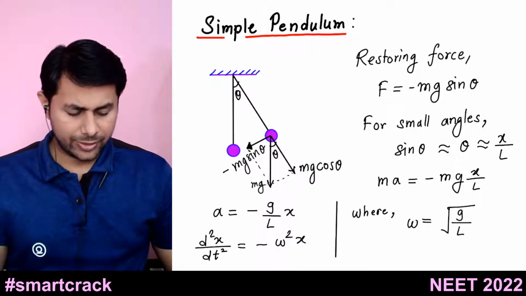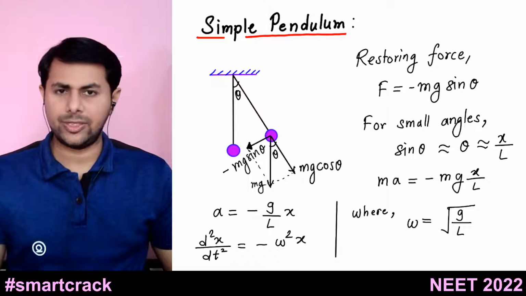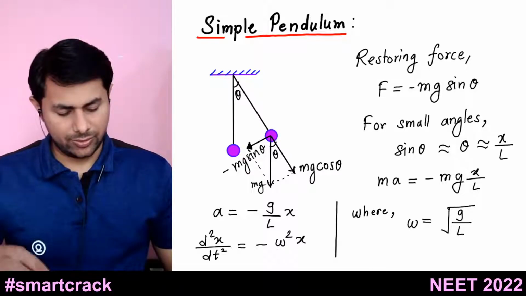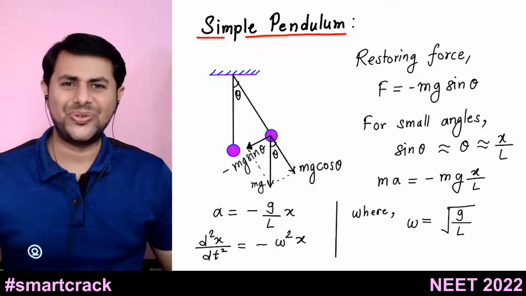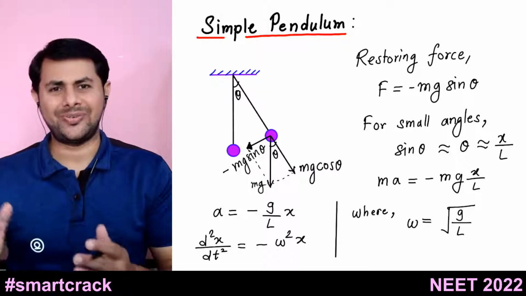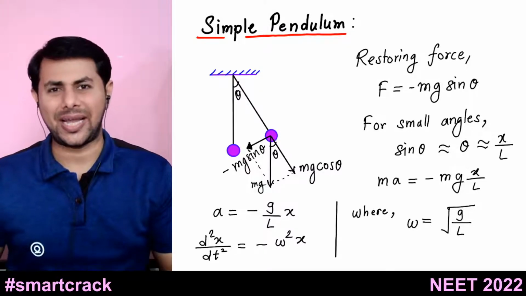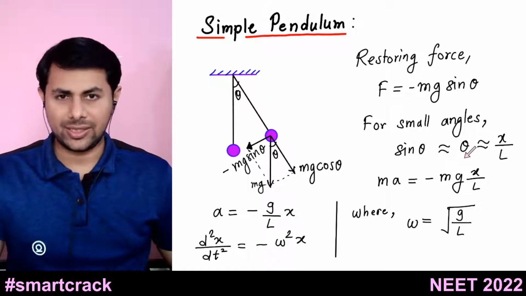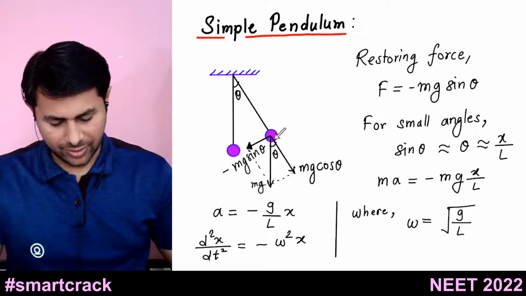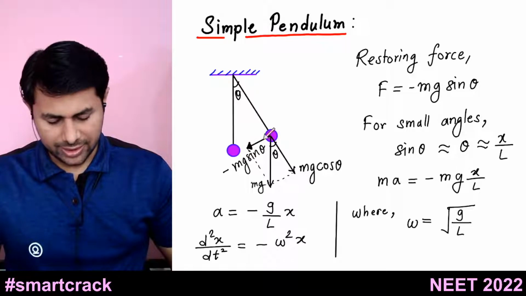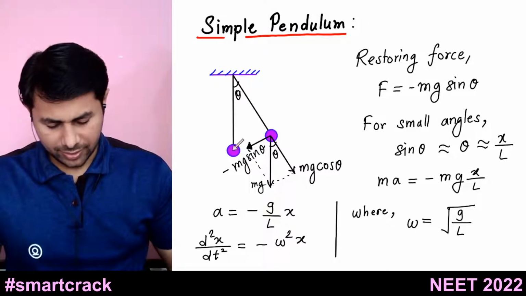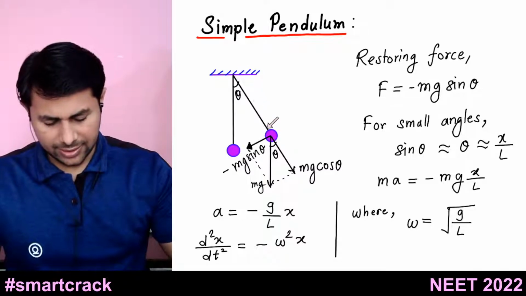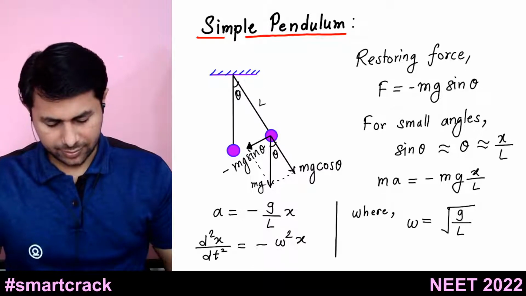And then for small angles, if theta is very small, then we know that sine theta is nearly equal to theta, and it's nearly equal to tan theta also. If you measure theta over here, this can be called displacement x. So the arc is the displacement and L is the length of this pendulum.